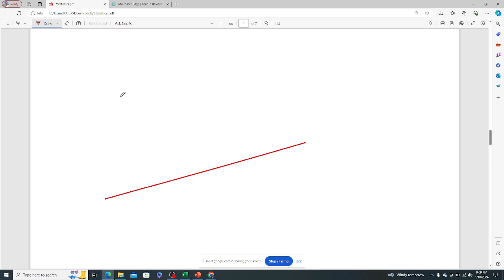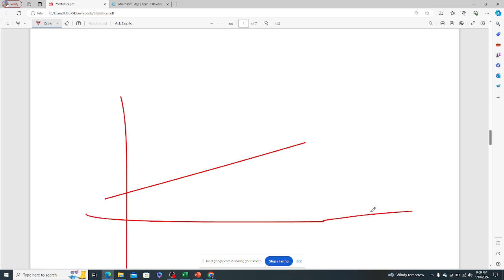Maybe let's assume we have a linear equation, a regression line, which looks like this. You can see we have outliers within our data sets. This person here is paid a high salary but has very few years of experience.